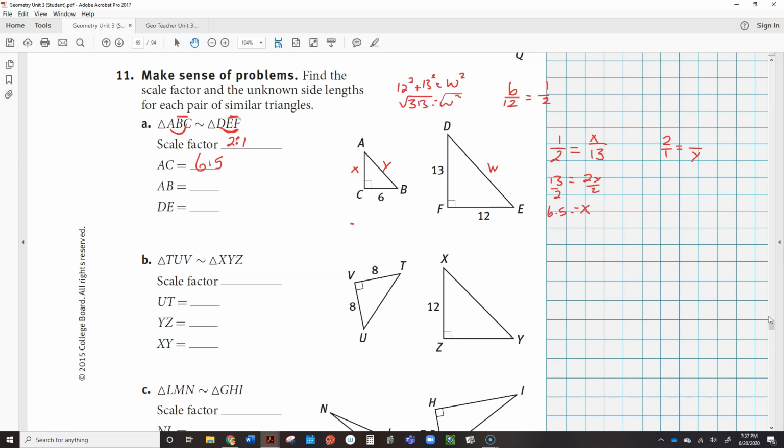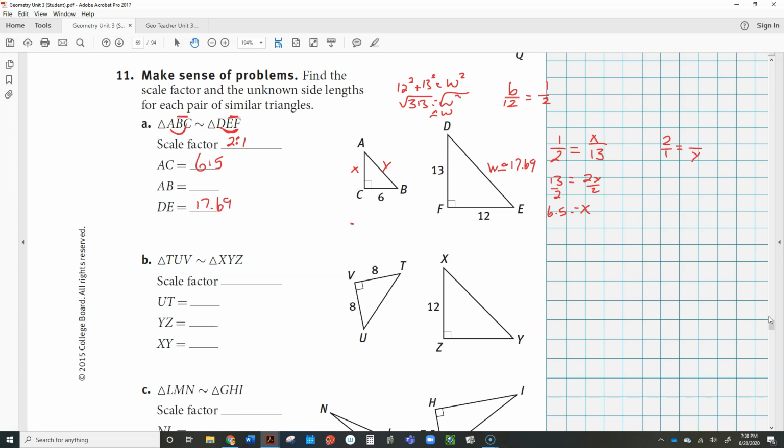Take the square root of both sides, and W is about 17.69. So I'm going to say W right here is equal to 17.69. They didn't give me a rounding rule.